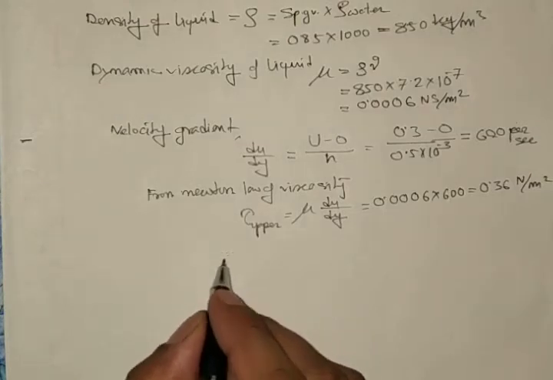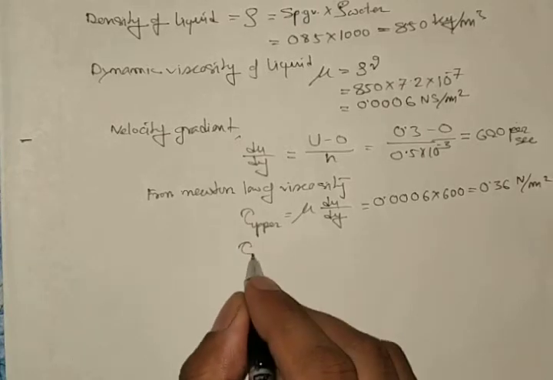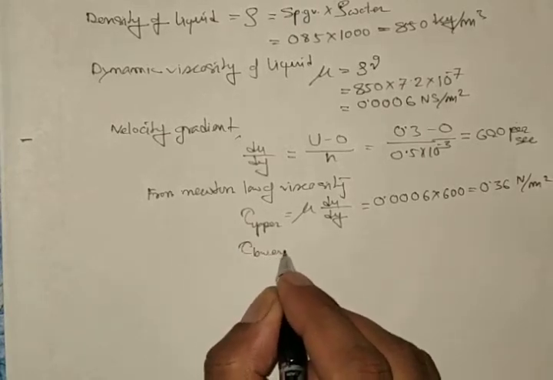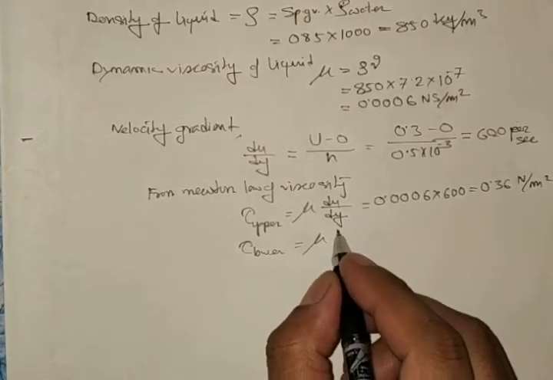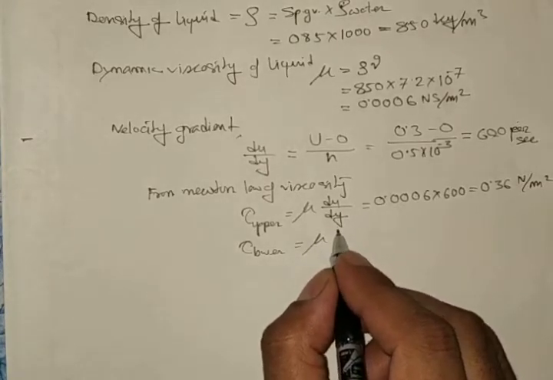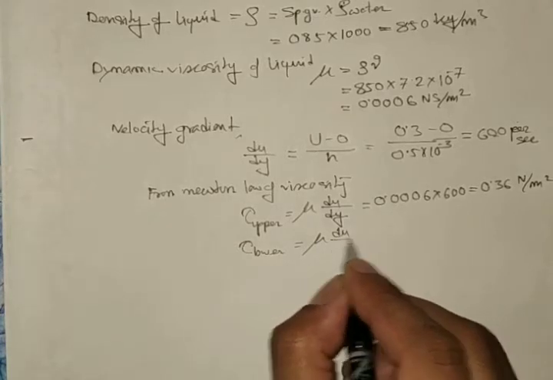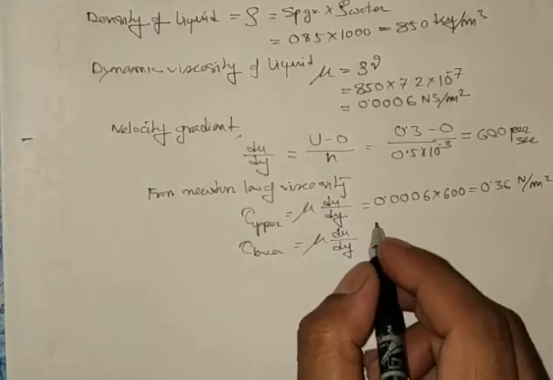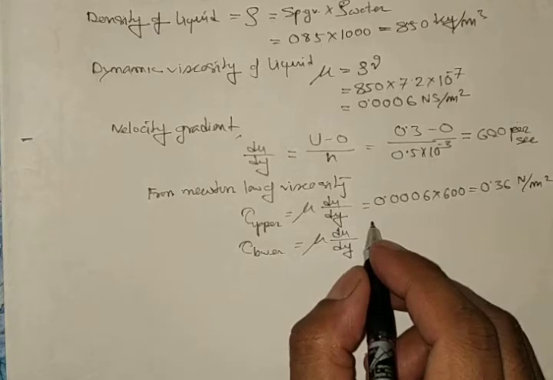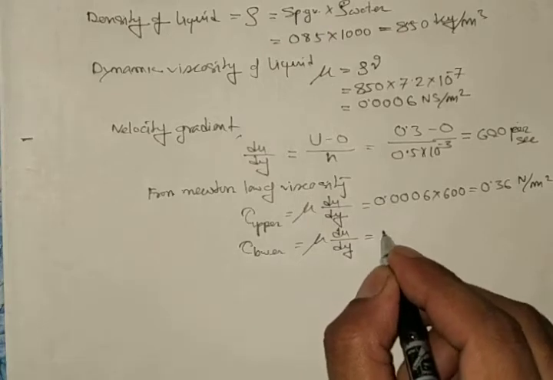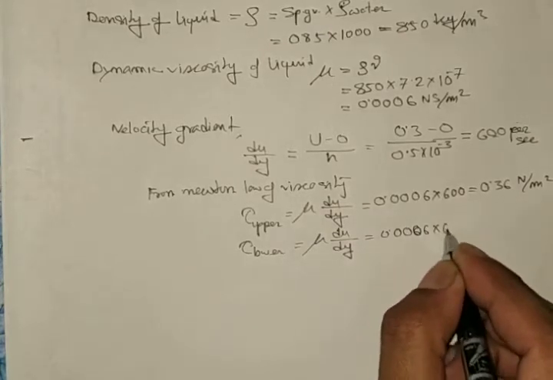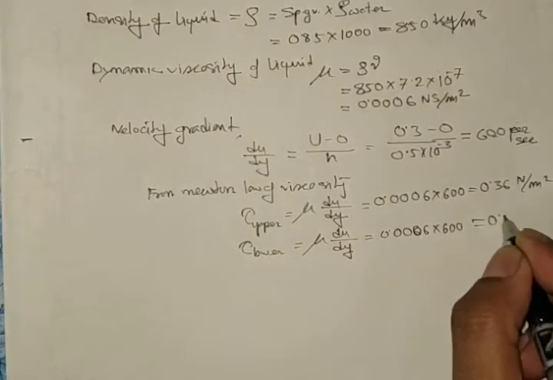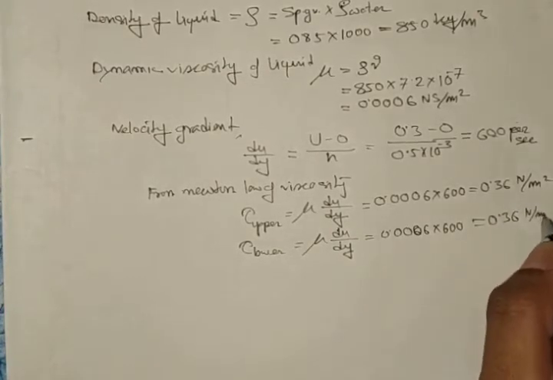Similarly, tau for the lower plate is mu del u by del y; the stress will be the same here. So 0.0006 into 600 is 0.36 Newton per meter square.